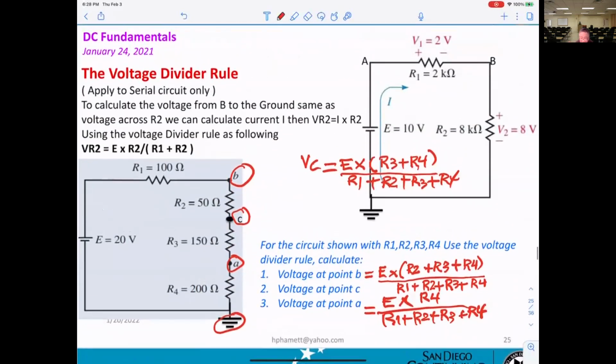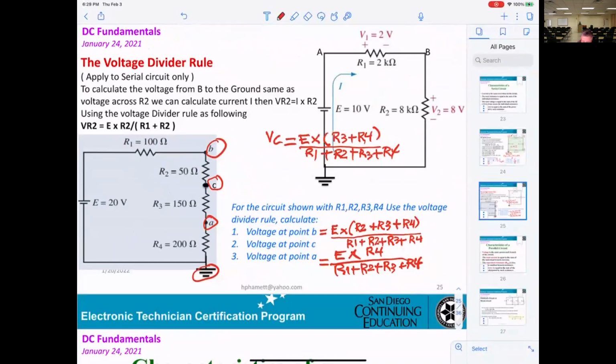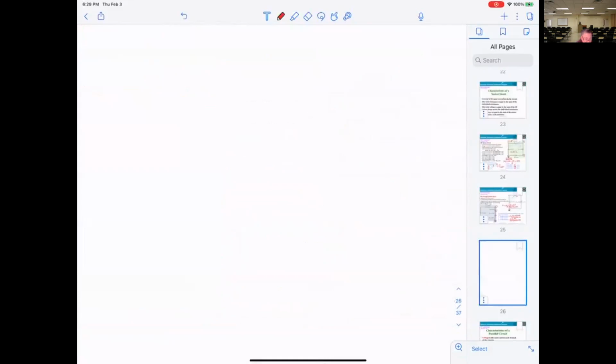Okay, let's see. I try to get this one, number 25 here. I want VA. Okay, now you see this circuitry here.